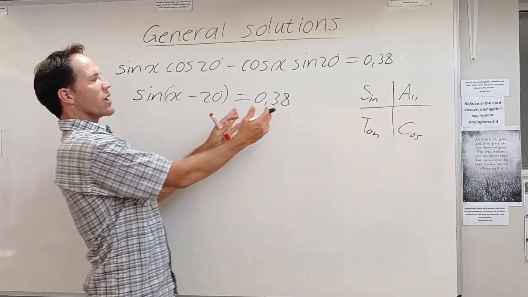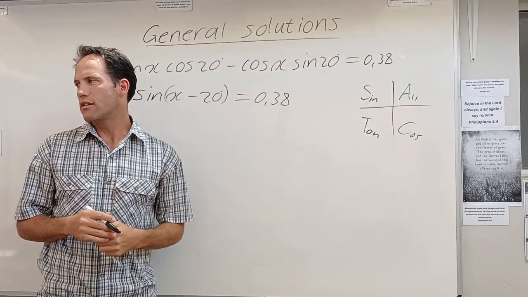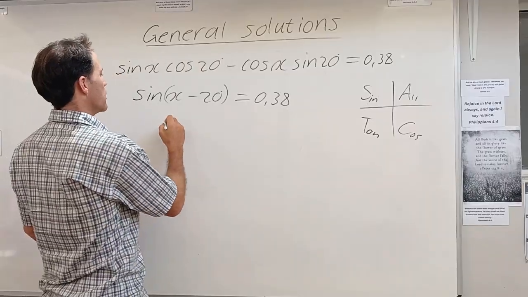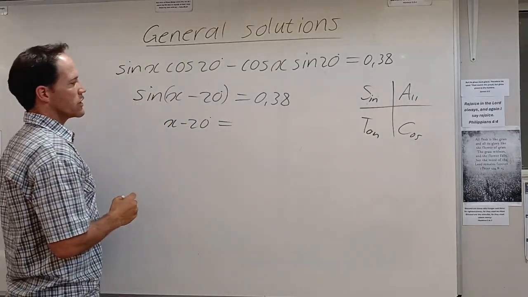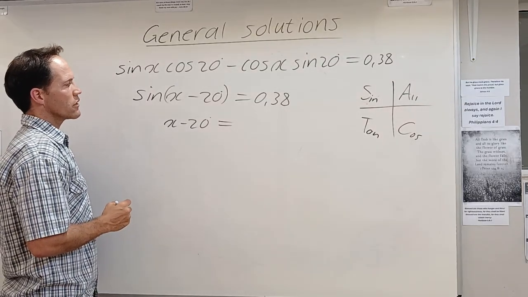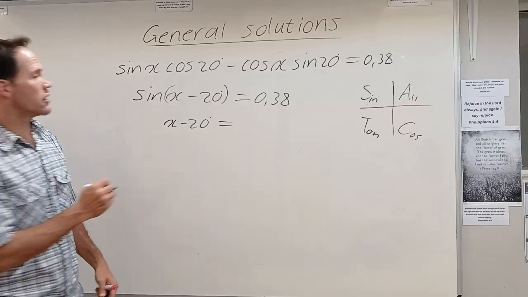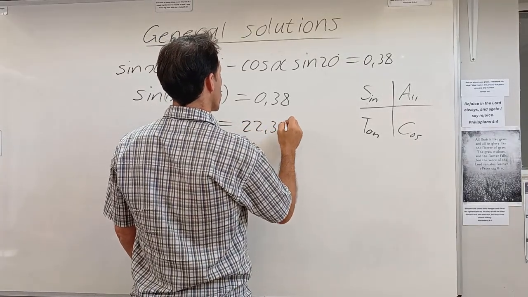So now we first check what is the inverse sine of 0.38. And we get x minus 20 equal to 22.33. Okay.